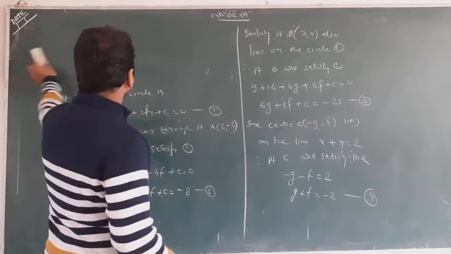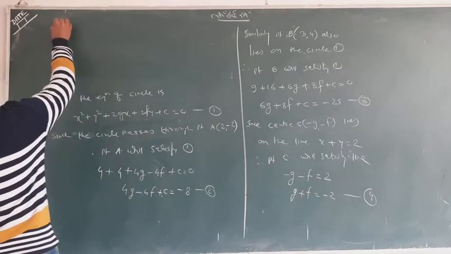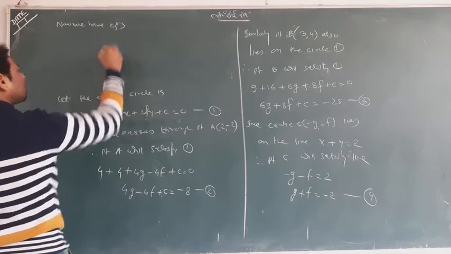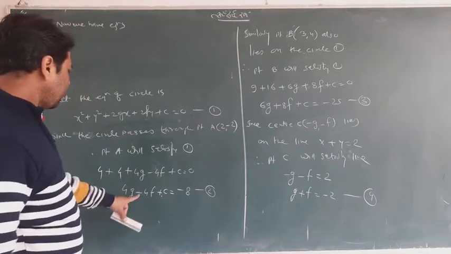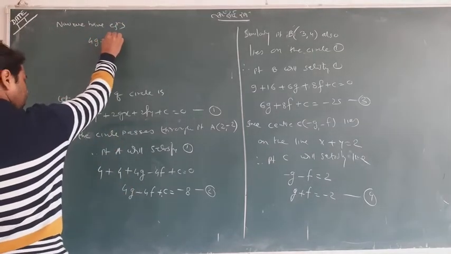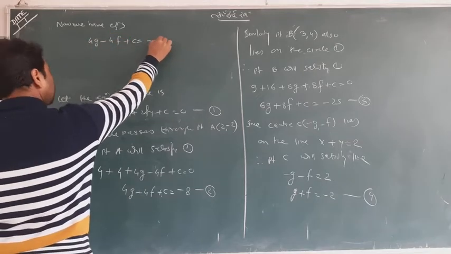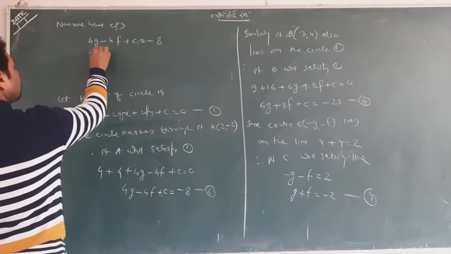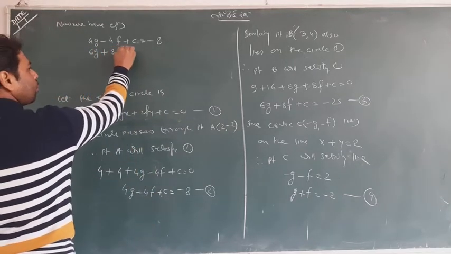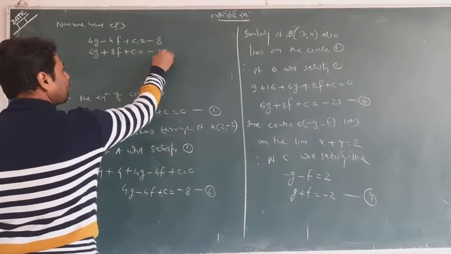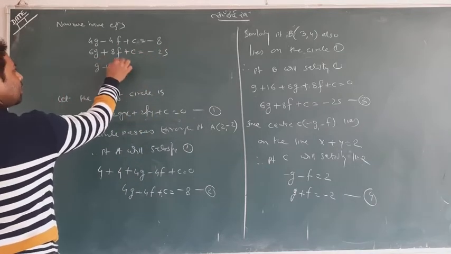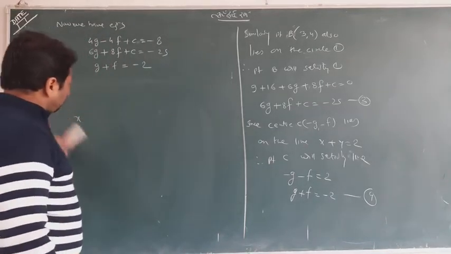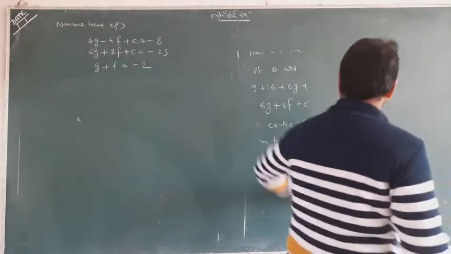Now we have these equations: 4g minus 4f plus c equal to minus 8, 6g plus 8f plus c is equal to minus 25, and lastly g plus f equal to minus 2. So now we have three equations and we will solve them.